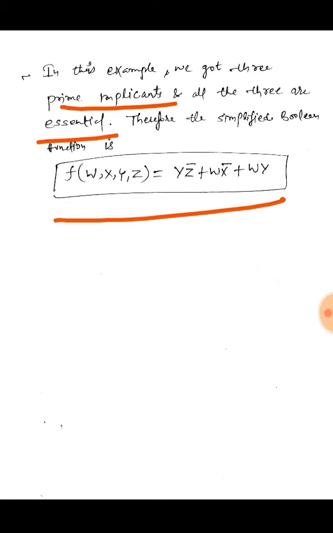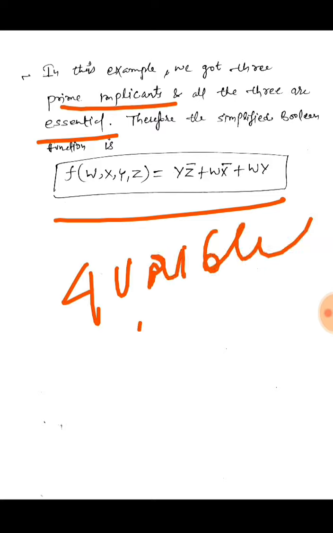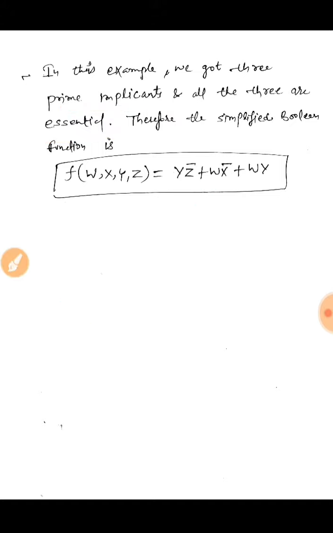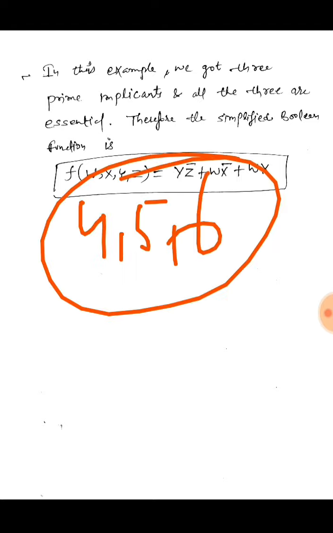If you solve this question using a 4 variable k-map, you would get the same answer as well. We use the QM method when we have more than 4, 5 or 6 variables, because simplifying with a k-map would become a bit tedious.